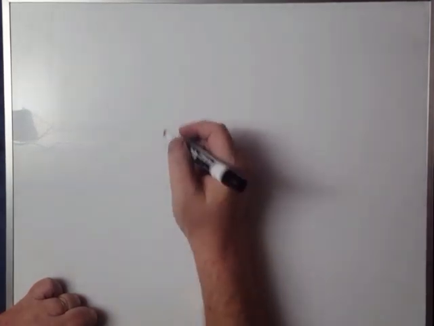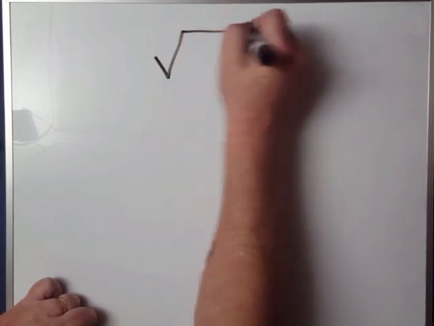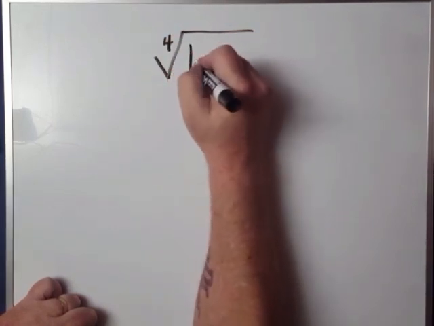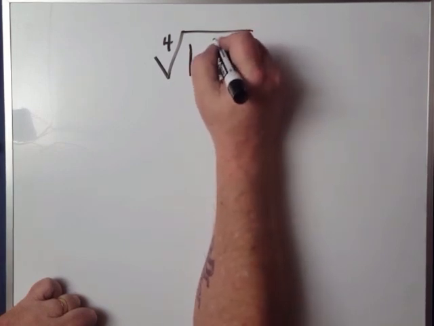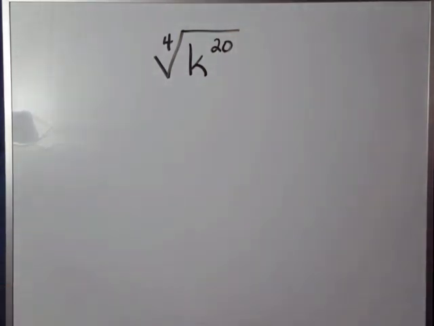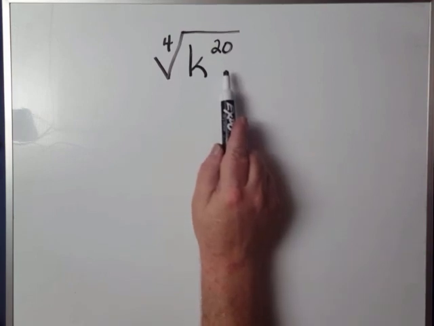Number 130. 130 is going to take a little extra step as we think about this. We're also going to learn some rules in future sections that will cast a different light on this type of problem. But for now, we want this to be the 4th root of some 4th power.